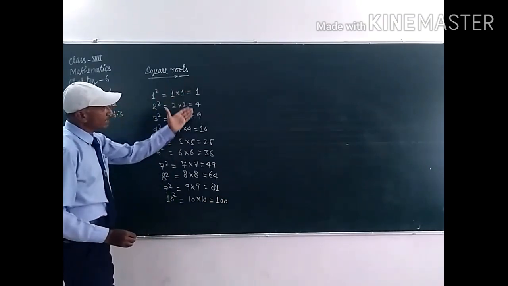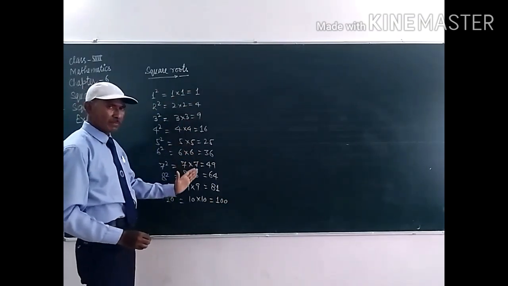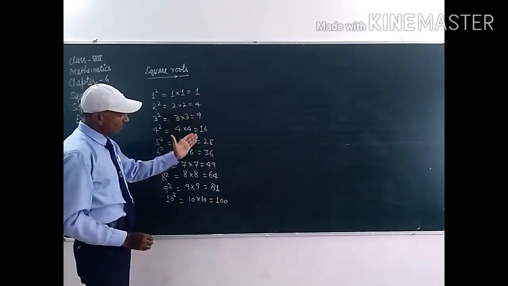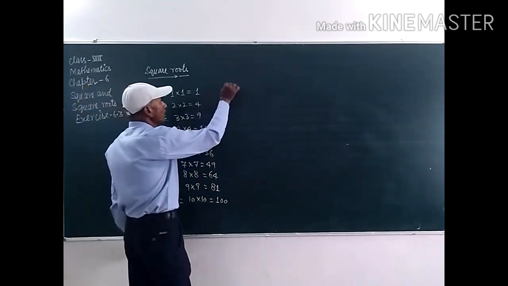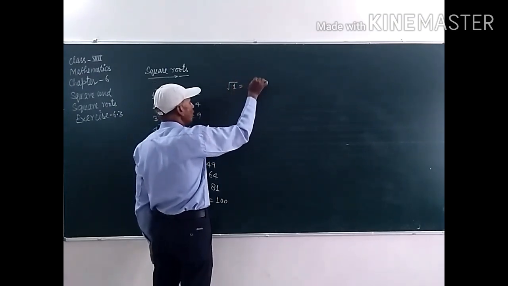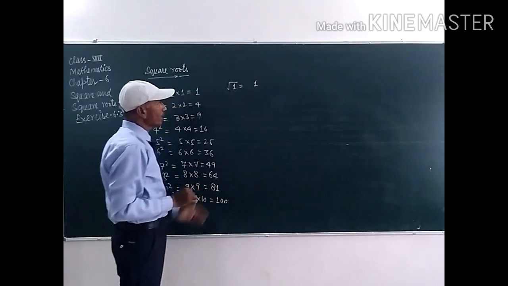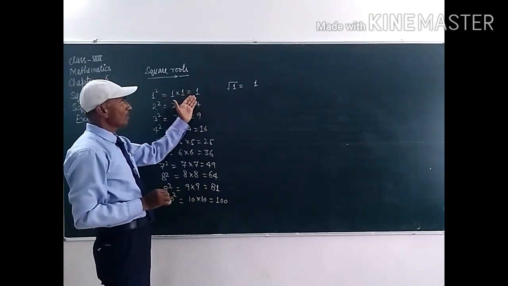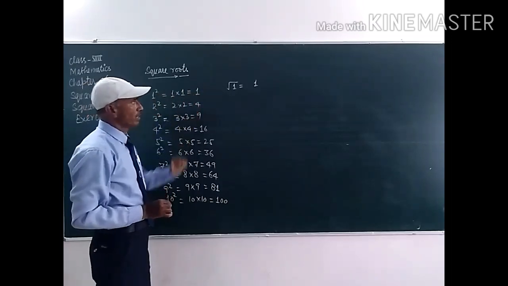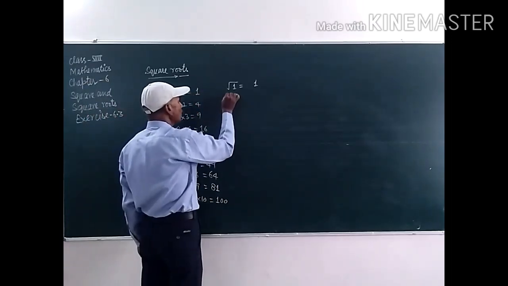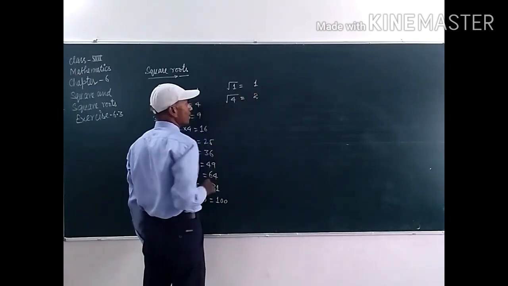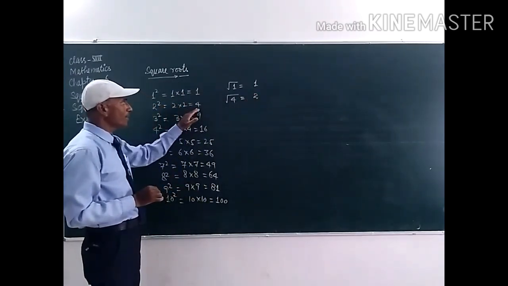So these numbers are perfect square numbers, student, and we have to find the square roots of these numbers. The square root of 1 is equal to 1, because this number is the square of 1. The square root of 4 is 2, because 4 is the square of 2.